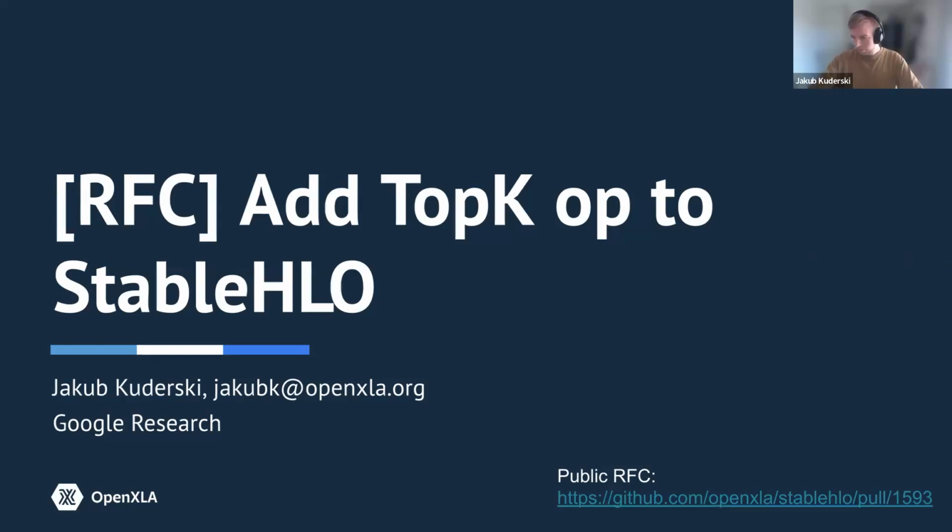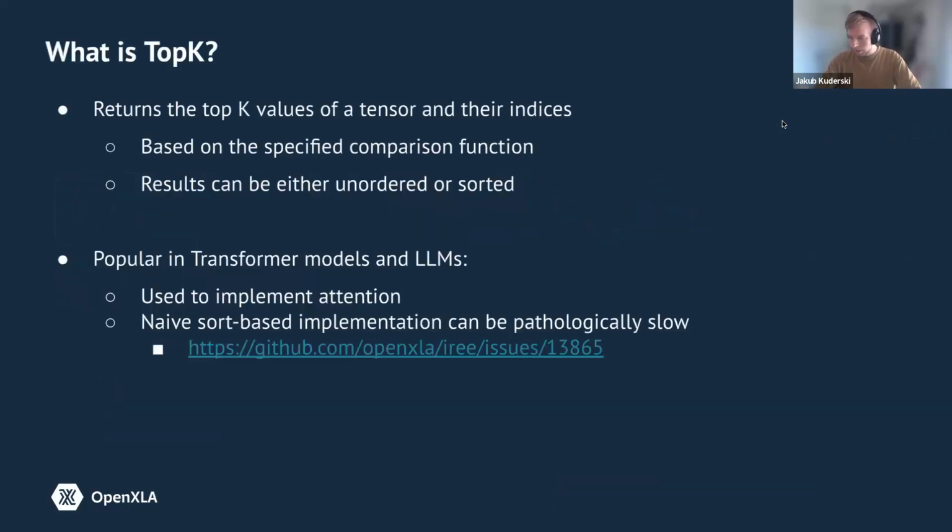Okay, so my name is Jakub and I work on IREE primarily. And a couple of weeks ago, I posted an RFC for adding TopK to StableHLO. Next slide. So TopK is an op that is popular in transformer-based models and LLMs. The gist is that this is an operation that gives you the top K values according to some criteria.